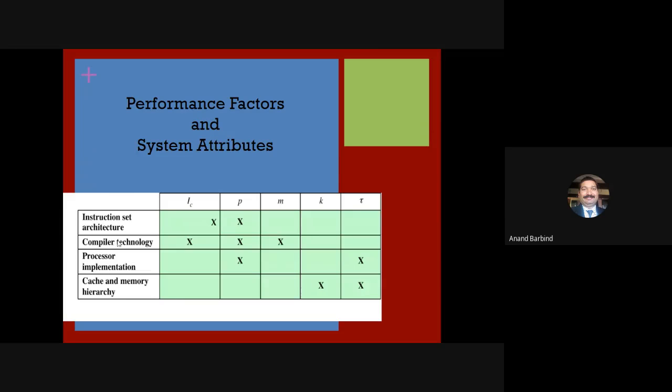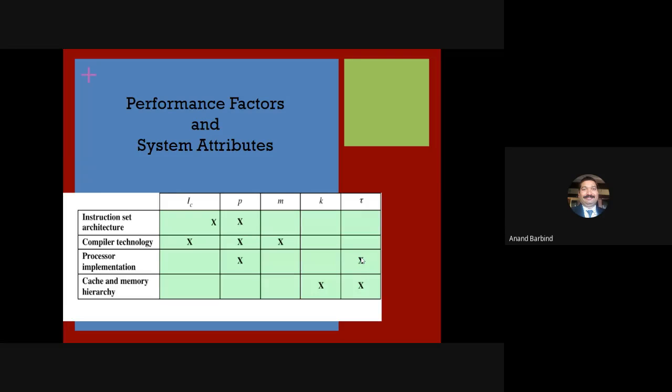Okay, so the compiler technology also matters in the computers. The processor implementation, the overall implementation of the processor, which technology is being used, VLSI, ultra VLSI, or like that. So the instruction's internal computation affects, and of course what is the time of one clock, that also affects.